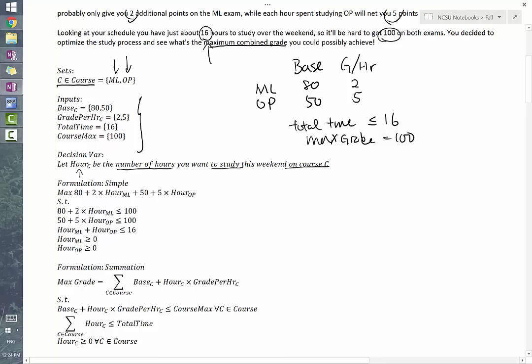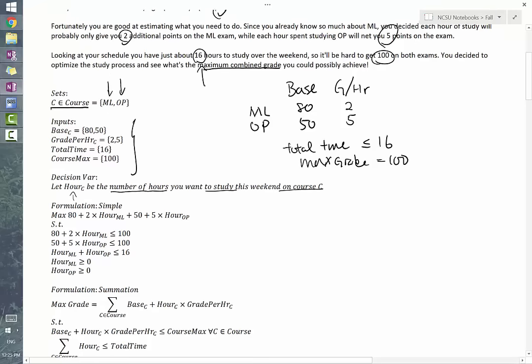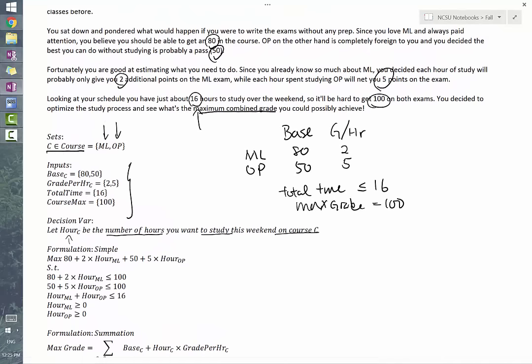As you will see, for a small problem like this, simple formulation is very easy to write, very easy to implement. But as the problem grows, you're going to have to really leverage the summation formulation. And again, as an example, in our homework, it would be pretty much impossible to write it out using a simple formulation.